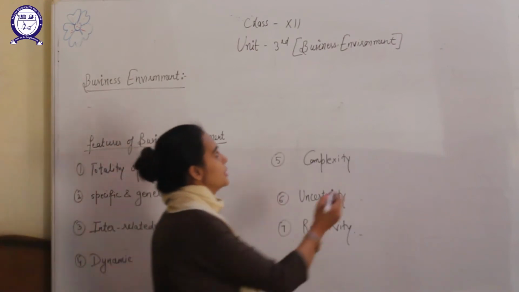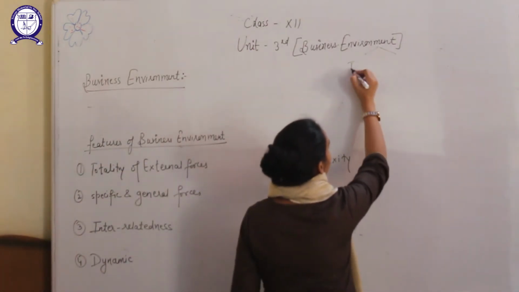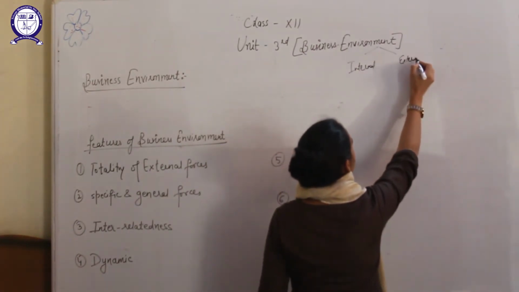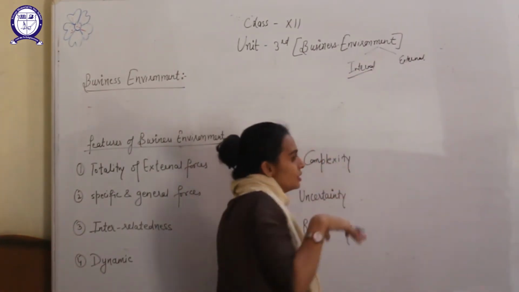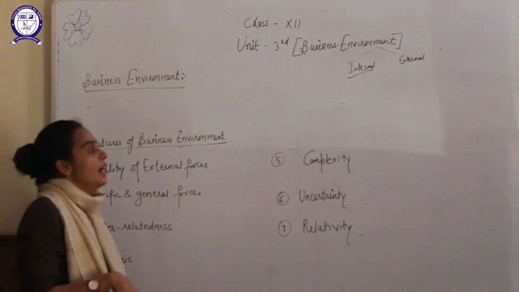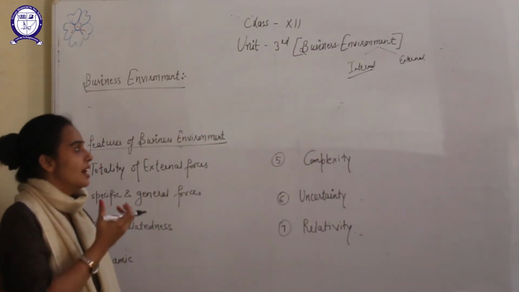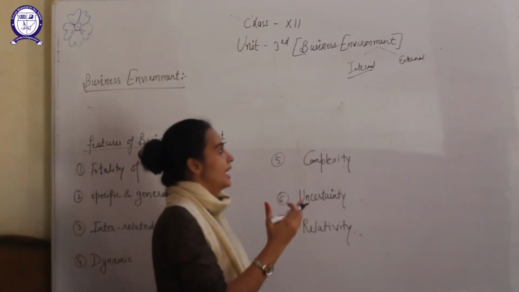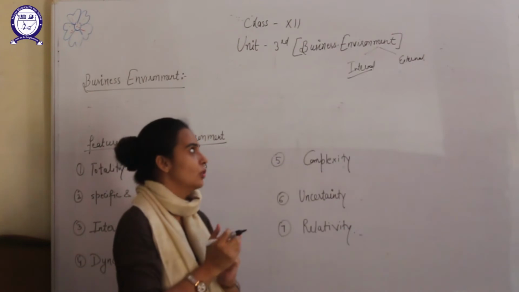The environment is basically of two types, internal and external. Internal environment means the factors which lie in the organization, and these factors are controllable. External factors lie outside the business and these factors are not controllable.